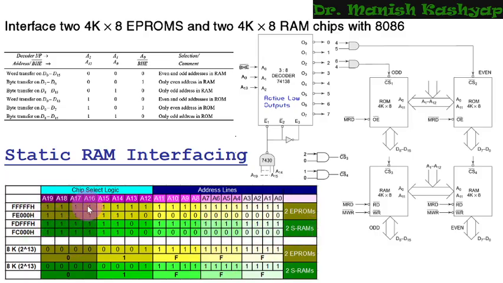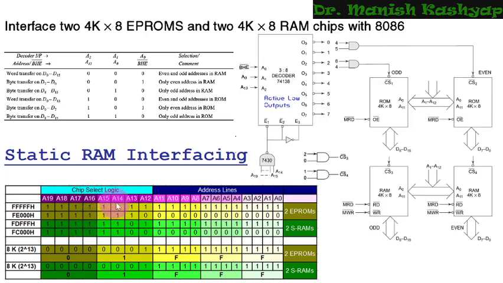In this, you see that A12 is used for address. After that, if you see A14 to A19, whether it is ROM or RAM, it always remains 1, right? So this is one fact. A14 to A19, whether it is EPROM or SRAM, it always remains 1.